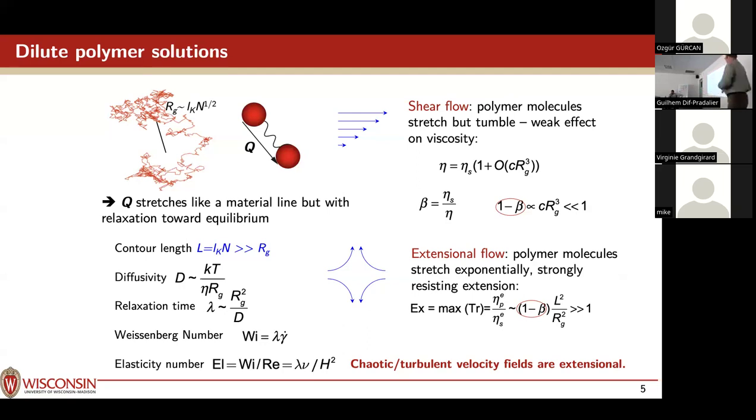Even if 1 minus beta is close to 0, the extensional viscosity is proportional to the concentration, 1 minus beta, but it's proportional as well to the degree of stretching. All right, and that degree of stretching can be very large. So even in a dilute solution, you can have very large contributions to the extensional viscosity in a polymer solution.